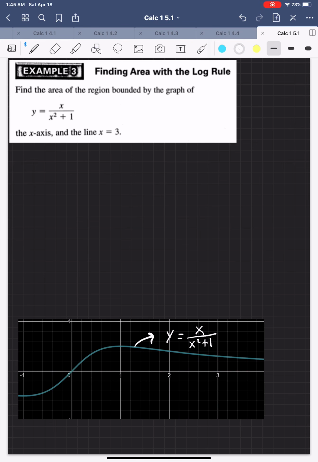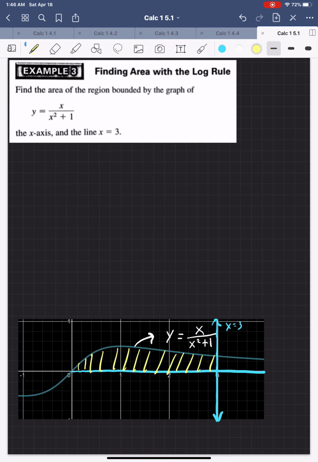Okay? So let's go ahead and write that. So this is the line x equals 3. And of course we have the x-axis. And then we're looking for the area bounded by all that.